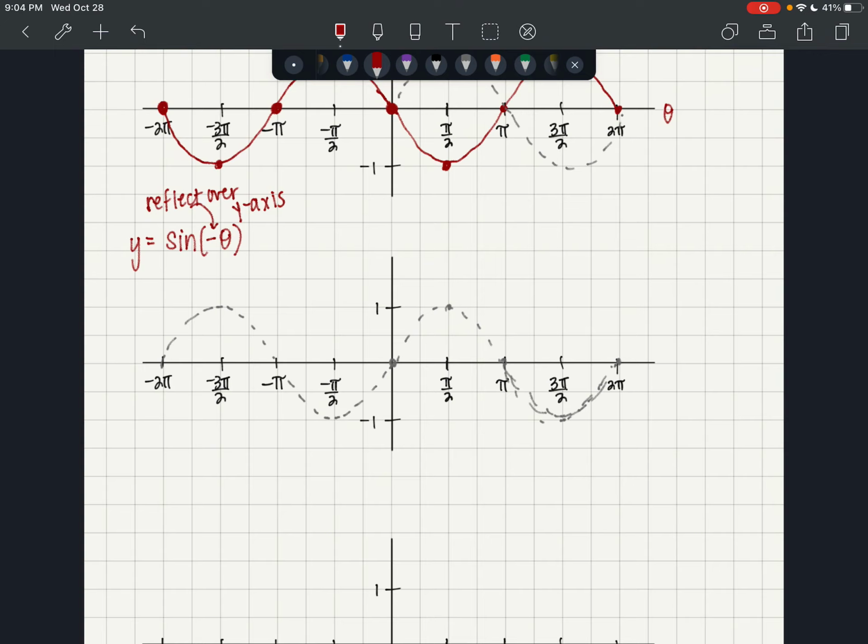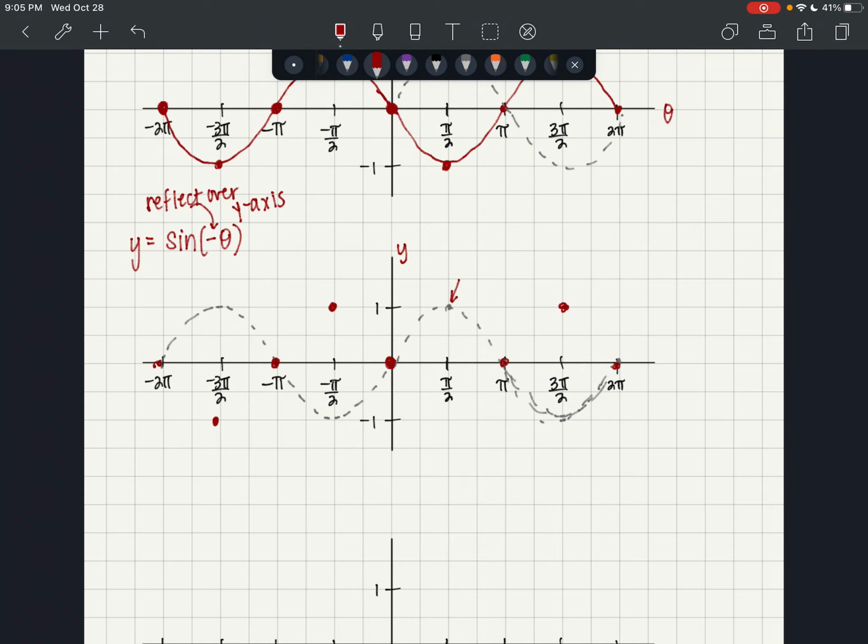If I reflect over the y-axis, this point is on the y-axis, it stays, but pi over 2, 1 becomes -pi over 2, 1. So this point reflects over the y-axis. And we have a reflection, and another reflection, and then another reflection.